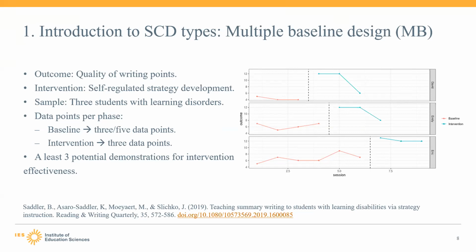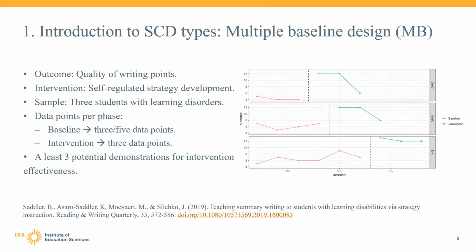A unique feature of the MB design is the staggered start of the intervention across the units. In the graphical display of the MB study, you can see that the intervention started after session 3 for the first participant, after session 4 for the second one, and after session 6 for the last participant.